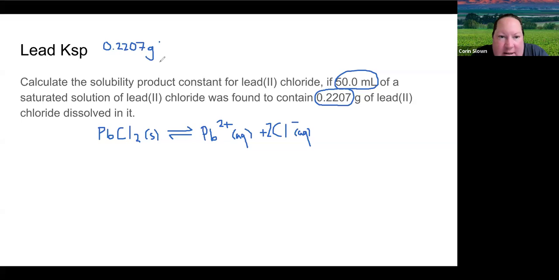So we're going to need to calculate or look up the molar mass of lead chloride. So in this case, the lead chloride molar mass that I have is 278.1. That's going to be in grams per mole.